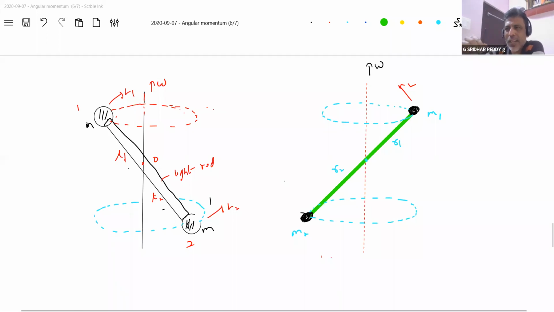Do that, and assume one particle here. Both describe circular paths. When it is rotating, R bar will be like this and V bar into the plane. Then curl fingers: hold it with the left hand, this is R bar, this is V bar, R cross V, and the thumb will be somewhere in this direction. Similarly for this one, L1 bar will be here.